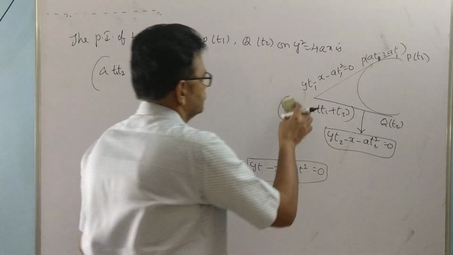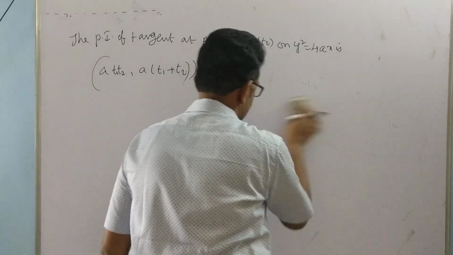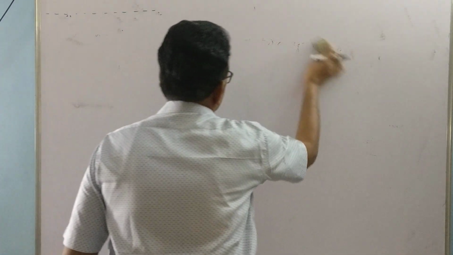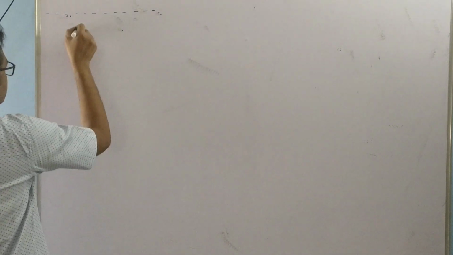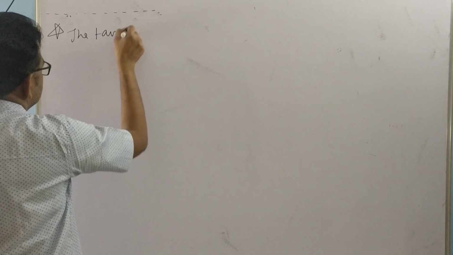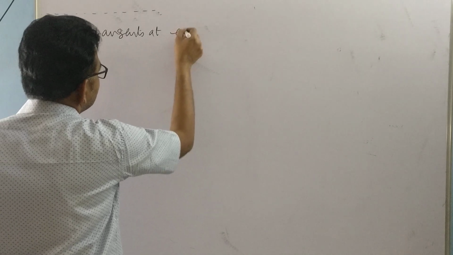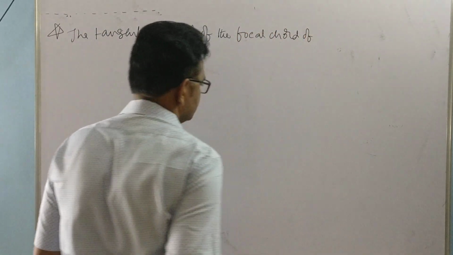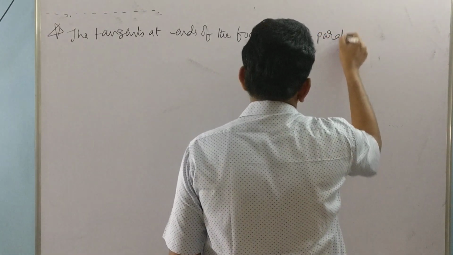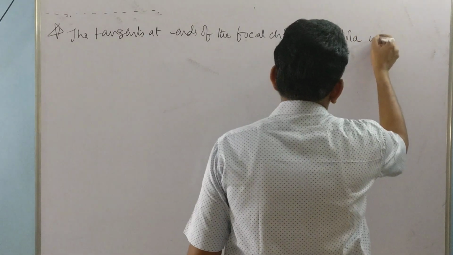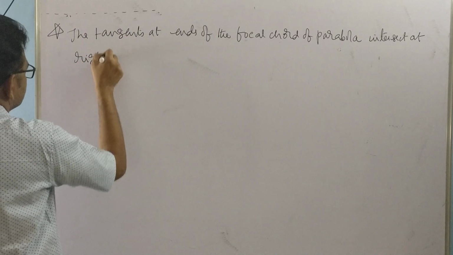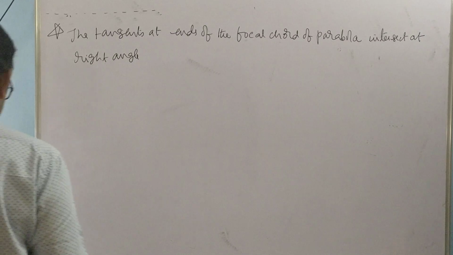Next point. The tangents at the extremities or ends of the focal chord of parabola intersect at right angles on the directrix.